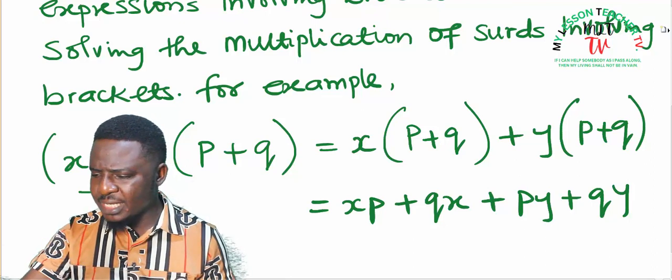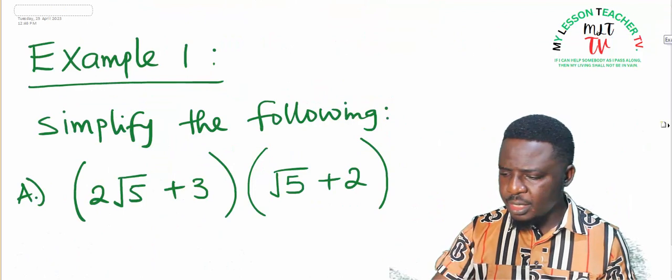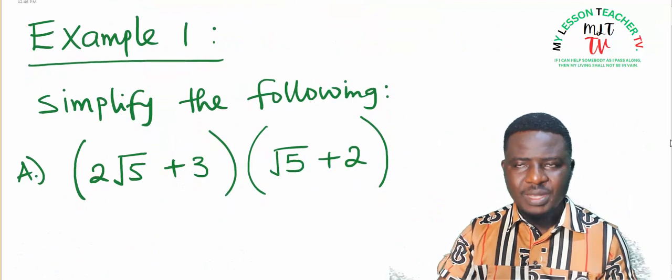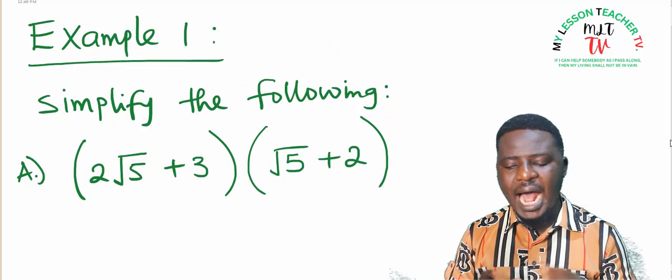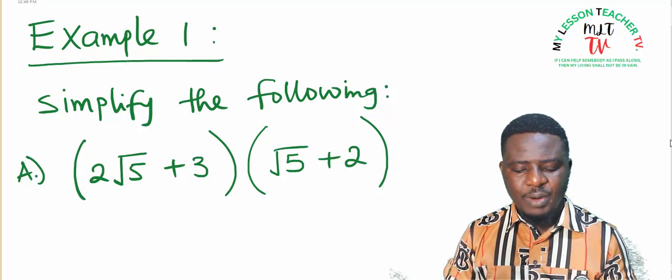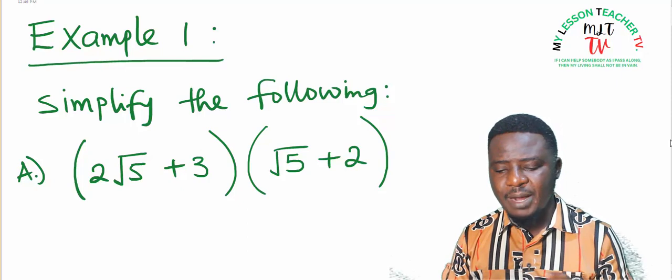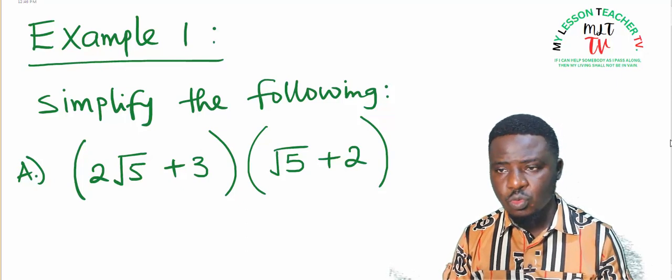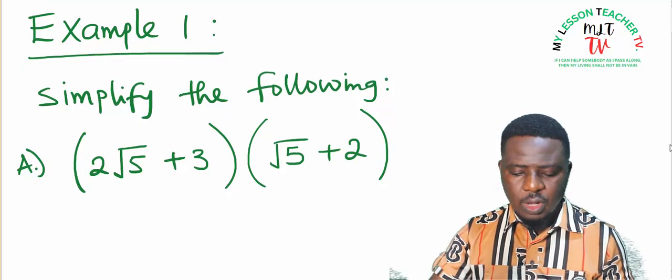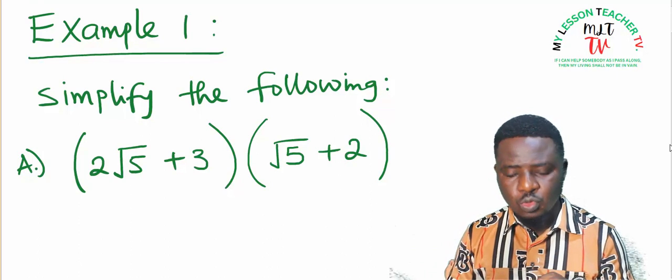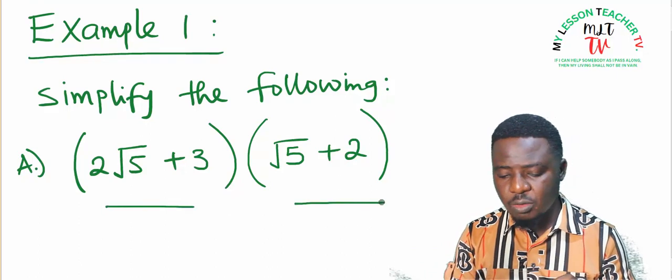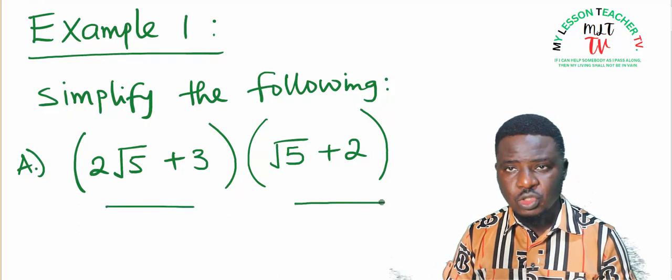So let's take an example. In surds, you may see something like this, where you're asked to simplify bracket 2 root 5 plus 3 to be multiplied by bracket root 5 plus 2. We are to split one of the brackets into two, be it the first bracket or the second bracket, whichever suits you.